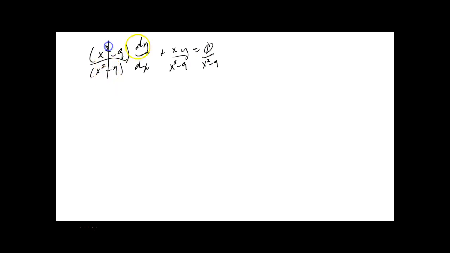Okay? So now we have dy/dx is equal to x over x squared minus 9 times y, and that's equal to 0. Now we're in standard form, except I have an equal sign there, and that should be a plus.